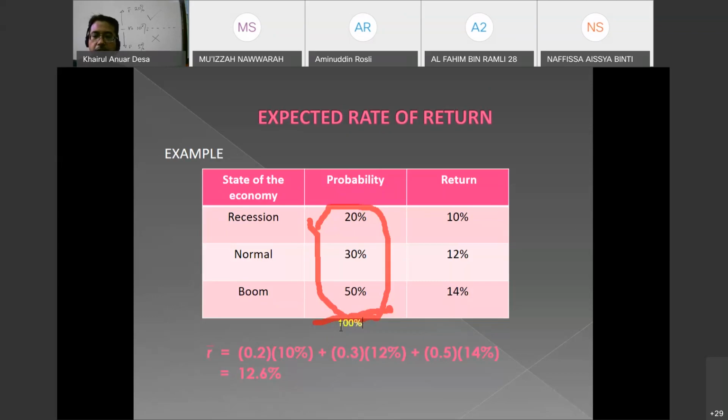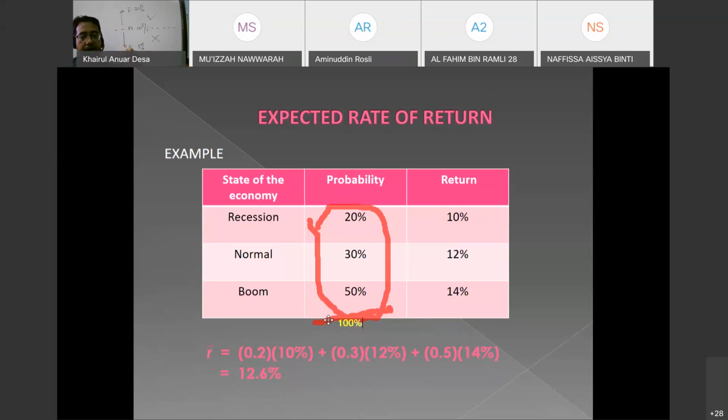Or if you use decimal points, for example 0.2, 0.3, and 0.5, the probability total is 1.0. It depends on the question.